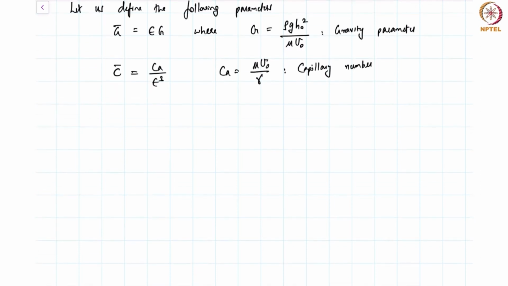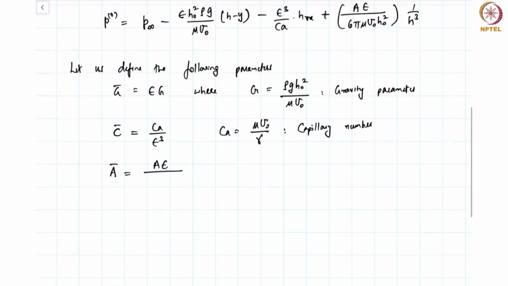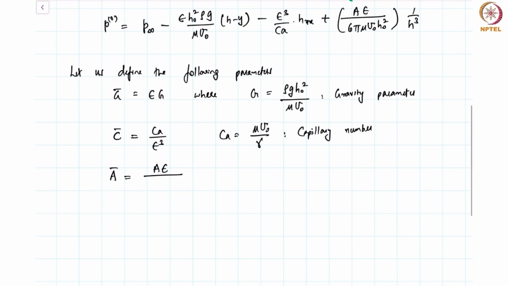And finally, we have a parameter A bar, which is nothing but the non-dimensional Hamaker constant. So everything in the brackets essentially goes into this.